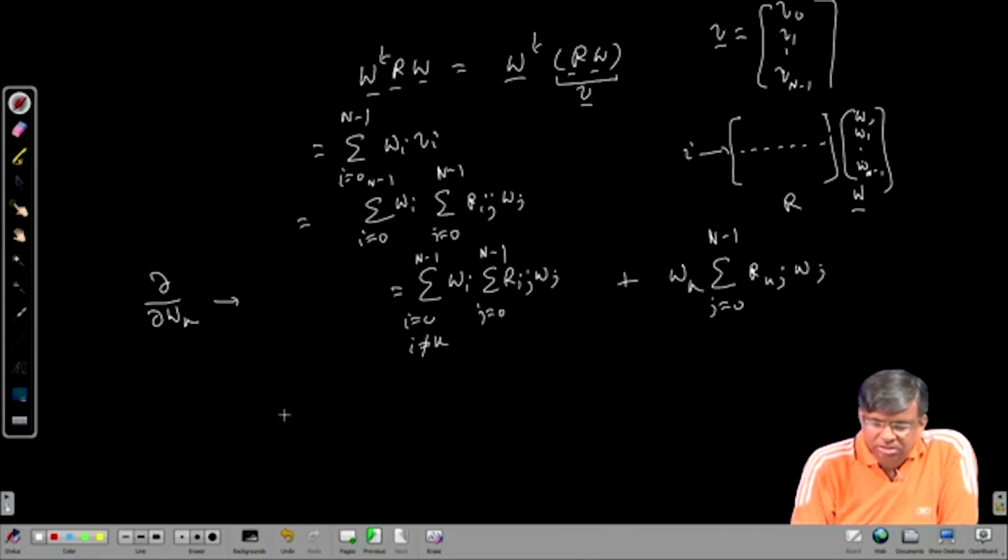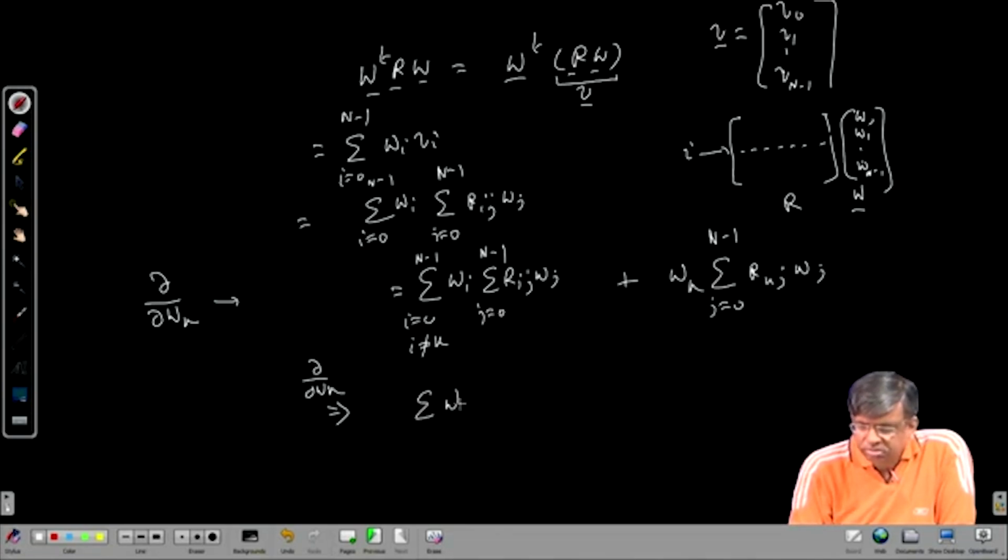So, this summation gives rise, after the derivative, to the summation of Rik, i equal to 0 to n minus 1, but i not equal to k.